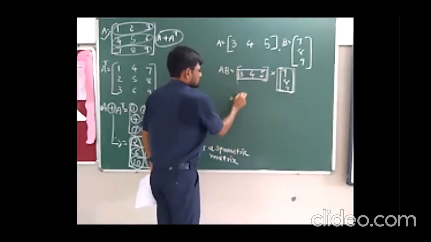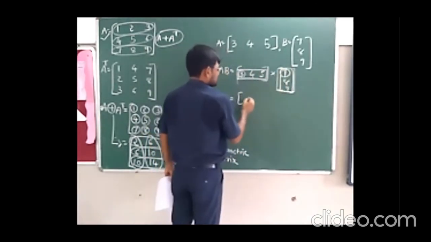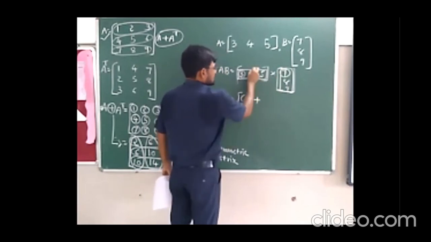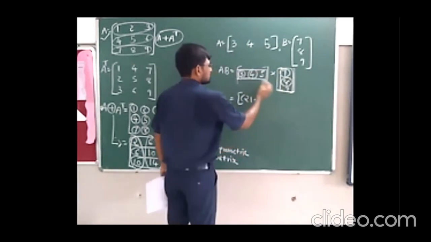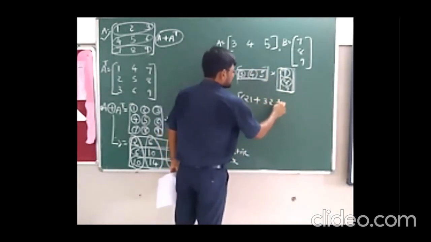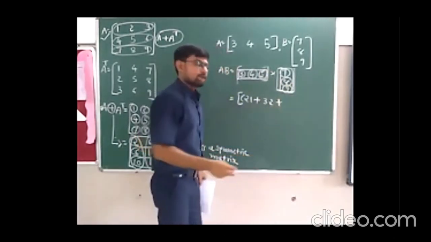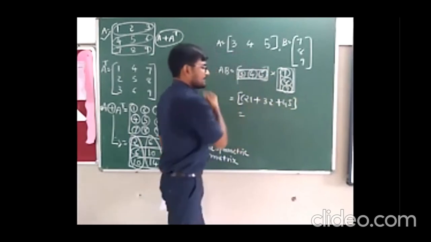Okay, so first element into first element 21, plus second element into second element 32, plus third element into third element 9 5 is 45. Now we'll add all these elements.